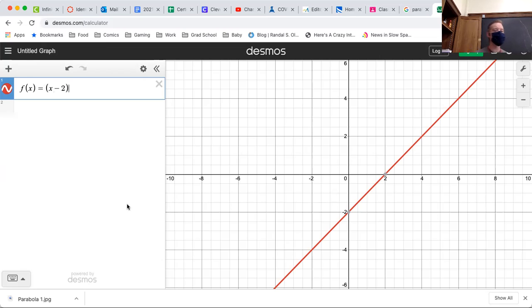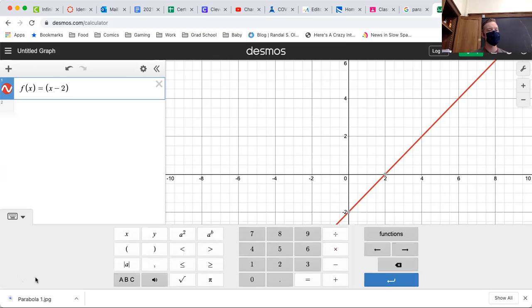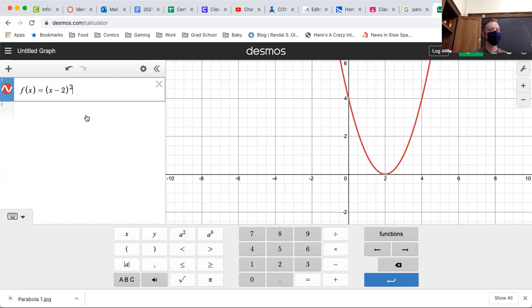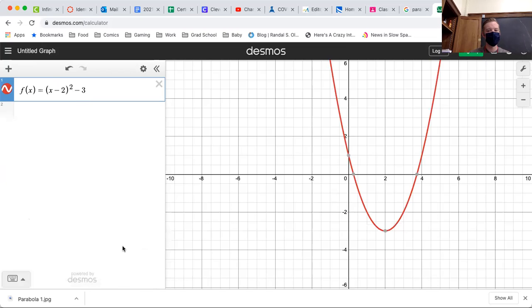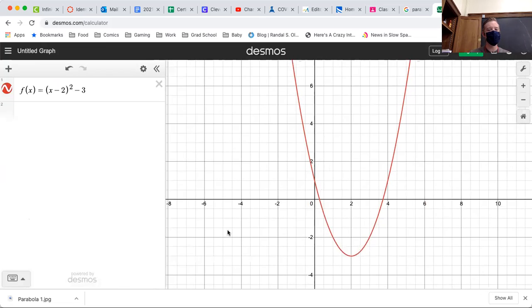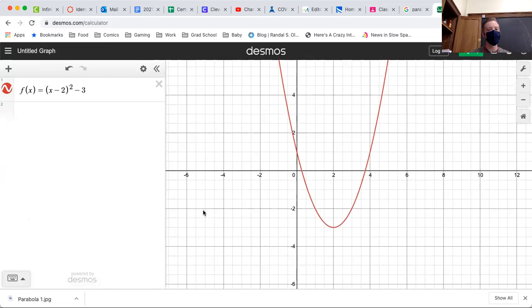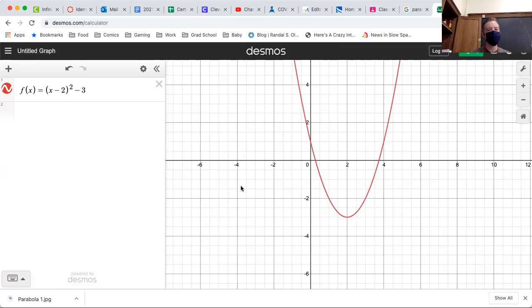So I'm going to come down here to this little keyboard and click Show Keypad, and we see that there's a squared button right there. And then I finish with the minus 3. Now you can move this around by clicking and dragging. You can zoom in and zoom out, but for right now, there's not really any need to do that.